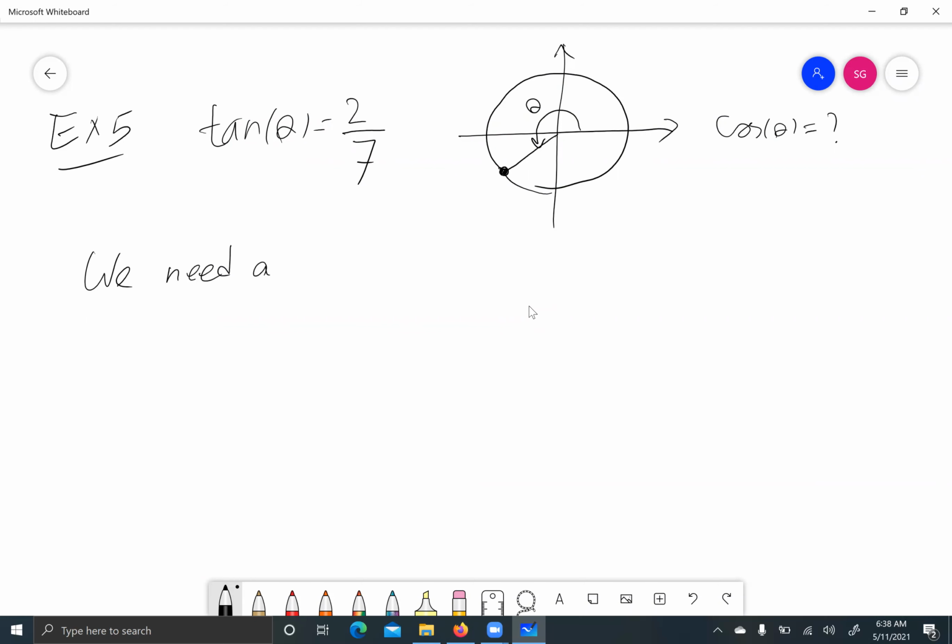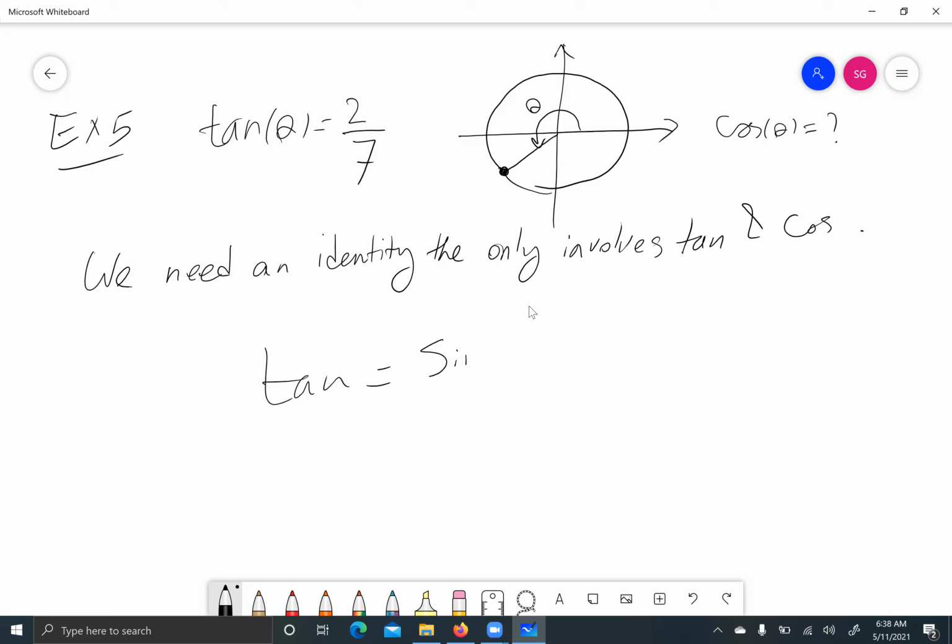We need an identity that only involves tangent and cosine. Why? Because look, we know the value for tangent and we are looking for the value for cosine. You may say, why are you not using tangent, which is sine over cosine?